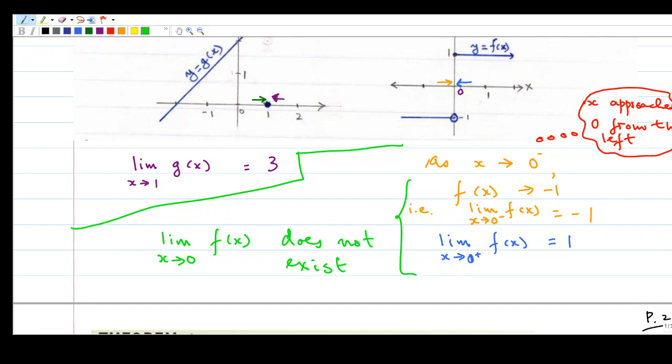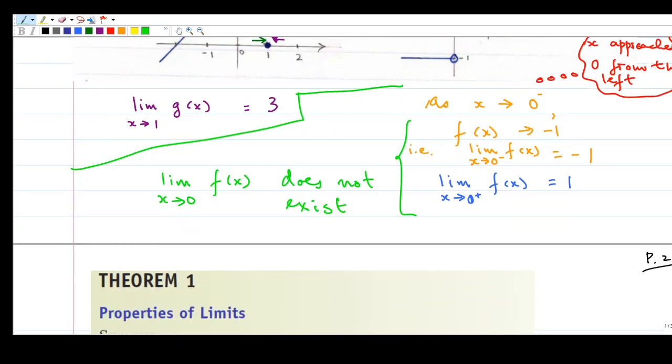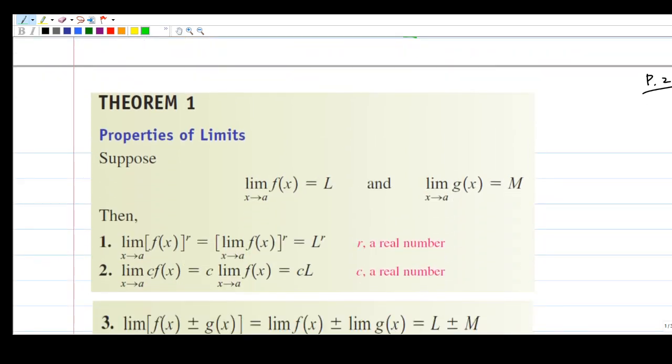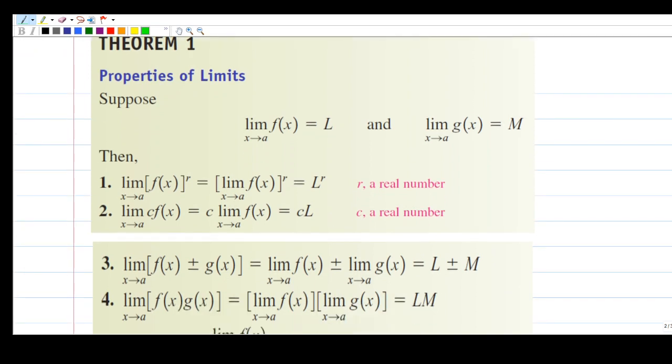So we now go on to the next page, theorem 1. Properties of limits. Suppose the limit of f of x as x approaches a is equal to L, and the limit of g of x as x approaches a is equal to m.